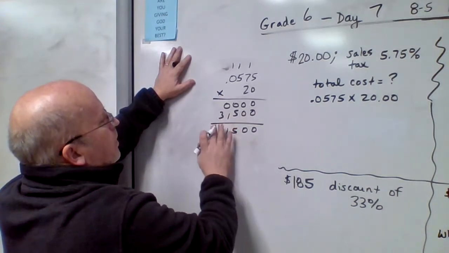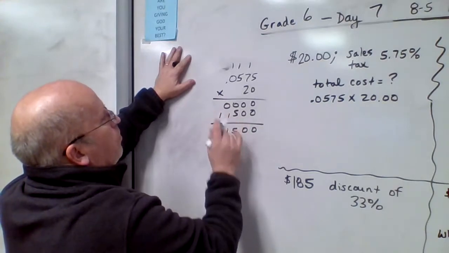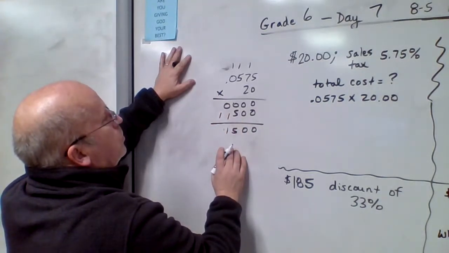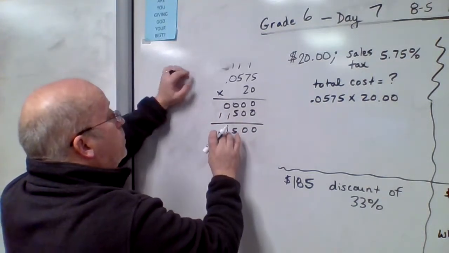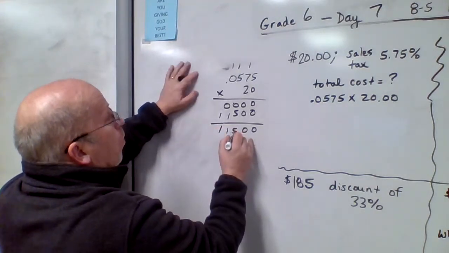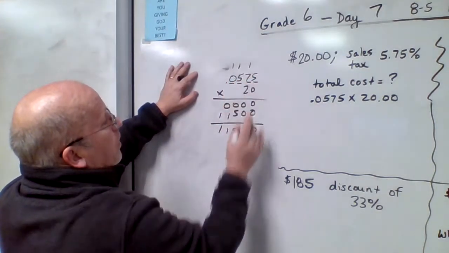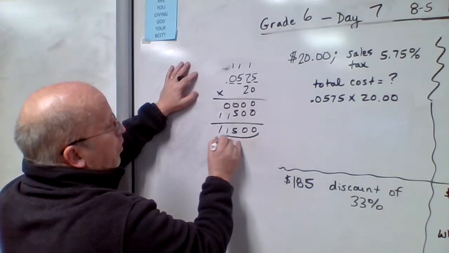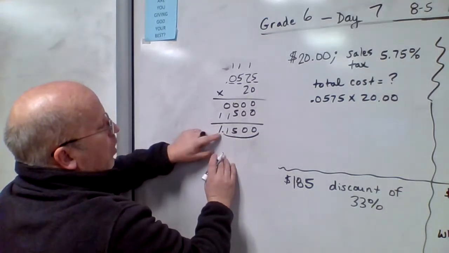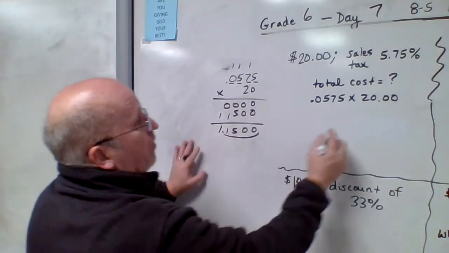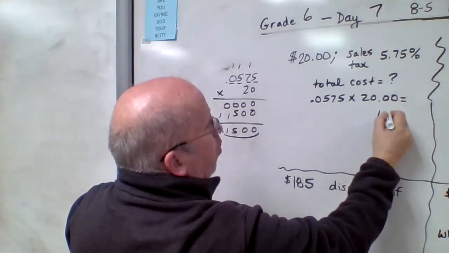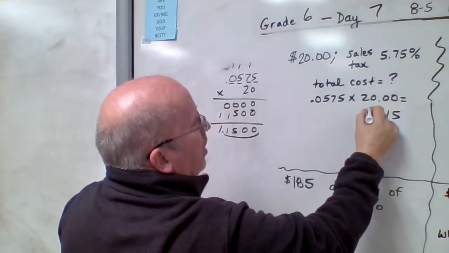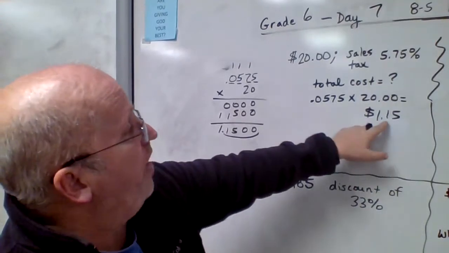Nope, that's not right. That's not a 3. That should just be a 1 right there, shouldn't it? So what do I get? There's 4 decimal place values here. I move the decimal point over 4 places. I get 1.15, or $1.15.